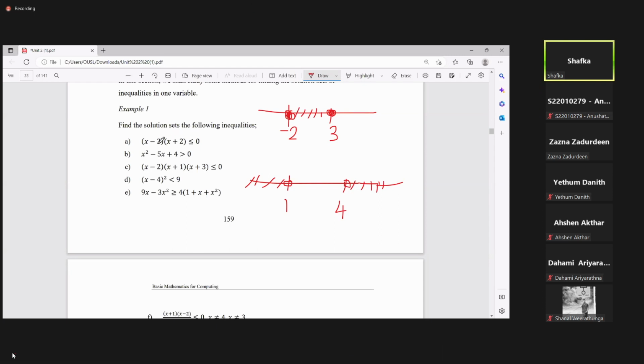Here you have x minus 3 times x plus 2 less than 0, so the solution is in between -2 and 3. Here x minus 4 times x minus 1 is greater than 0, so the solution is less than 1 and greater than 4.